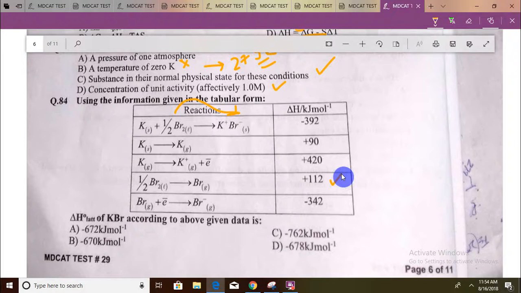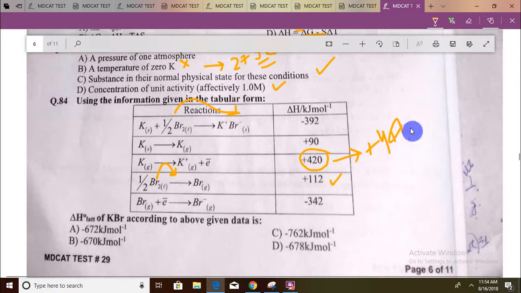So you need to know basically what the amount of energy is needed for this state change to take place. And also you should be aware of what the value of the first ionization of potassium is. It's 419. It's written over here as 420, but in the book it's written as 419, and it's vastly important.